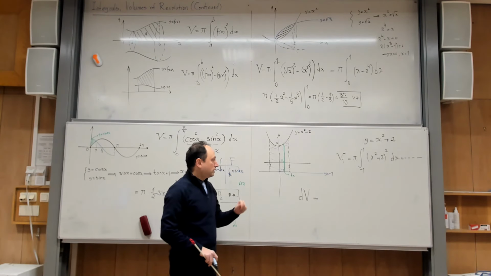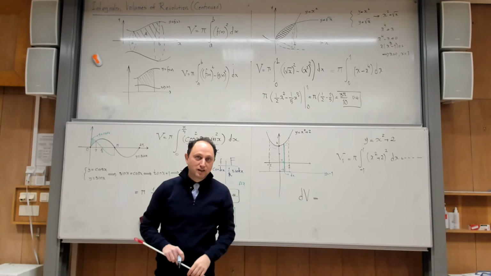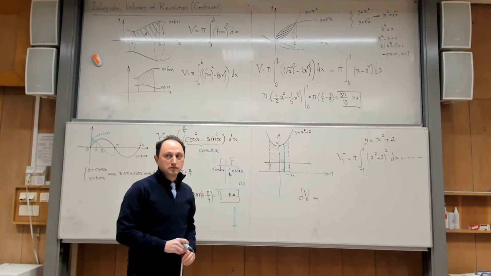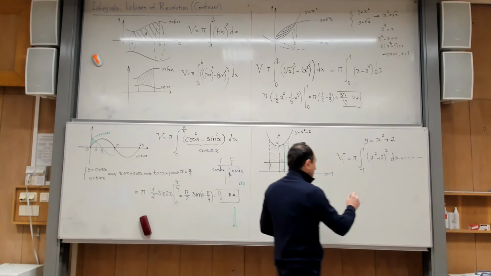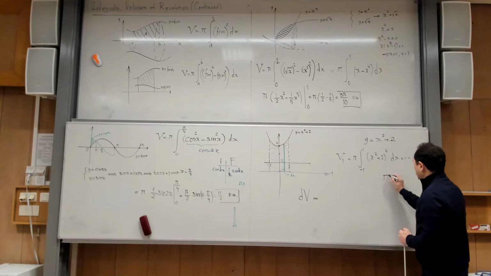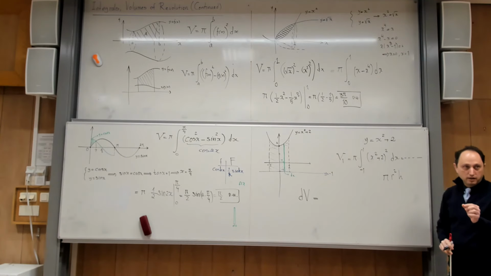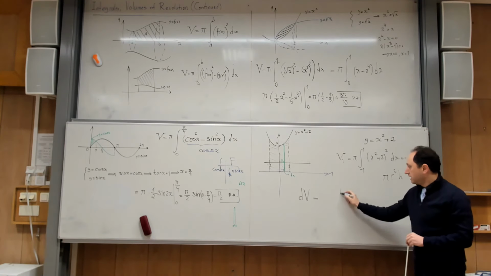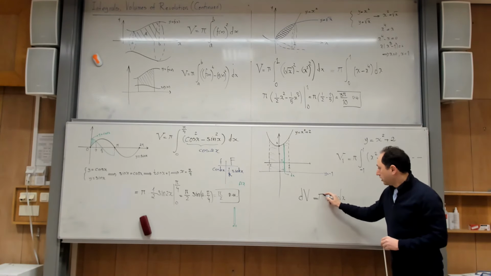Can you tell me what will play the role of the height, if you can call it height, of that thin disk? dx. So, you remember the formula for the cylinder, pi r squared h. This is the volume of a cylinder, a disk. So this h will be dx. And this pi is pi.